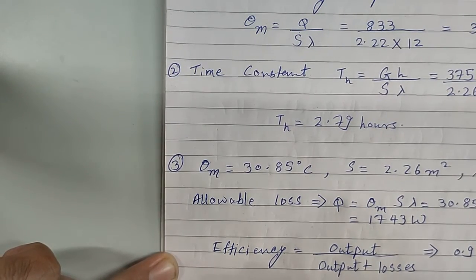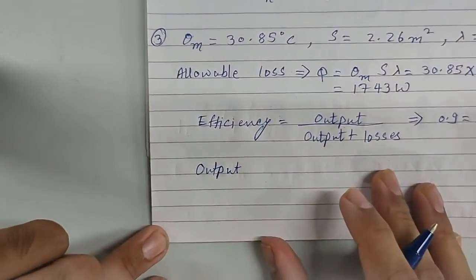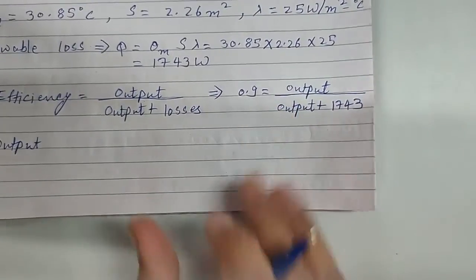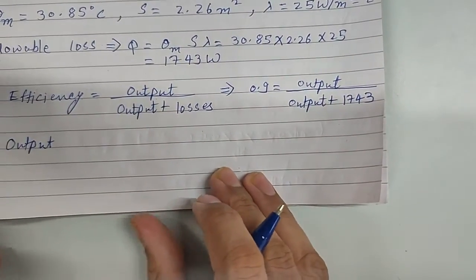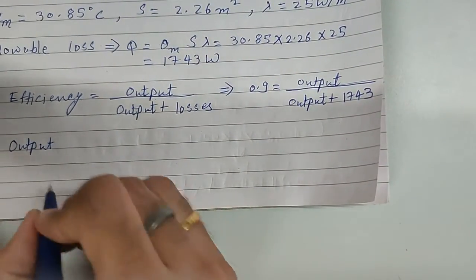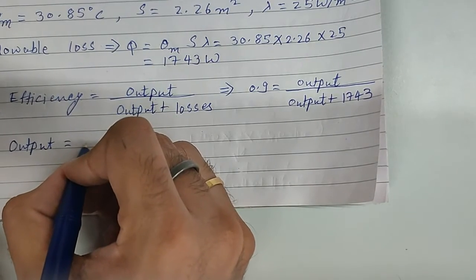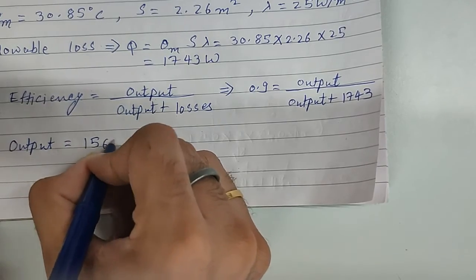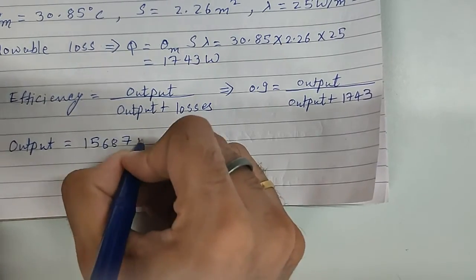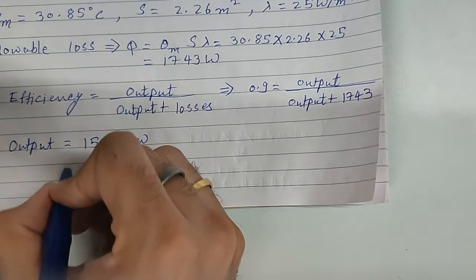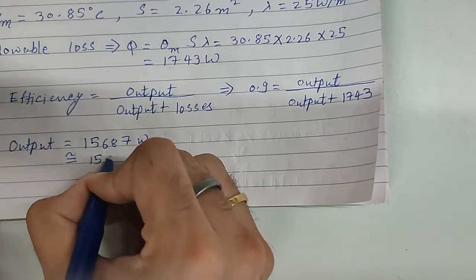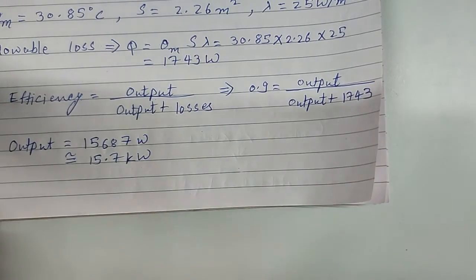On solving this equation, I'll have my output as 15687 watts, or it can be written approximately as 15.7 kilowatts.